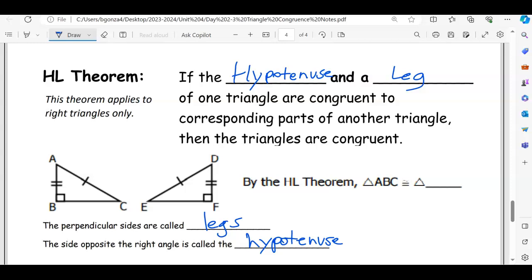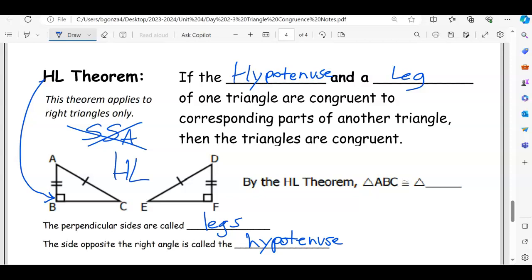Angle, side, side. It looks like ASS. I'm not going to write that. That's naughty. Okay, so SSA or ASS, don't write it. But if it's special, like this one, if it has a right angle, HL has to have a right angle. Then you can call it HL.